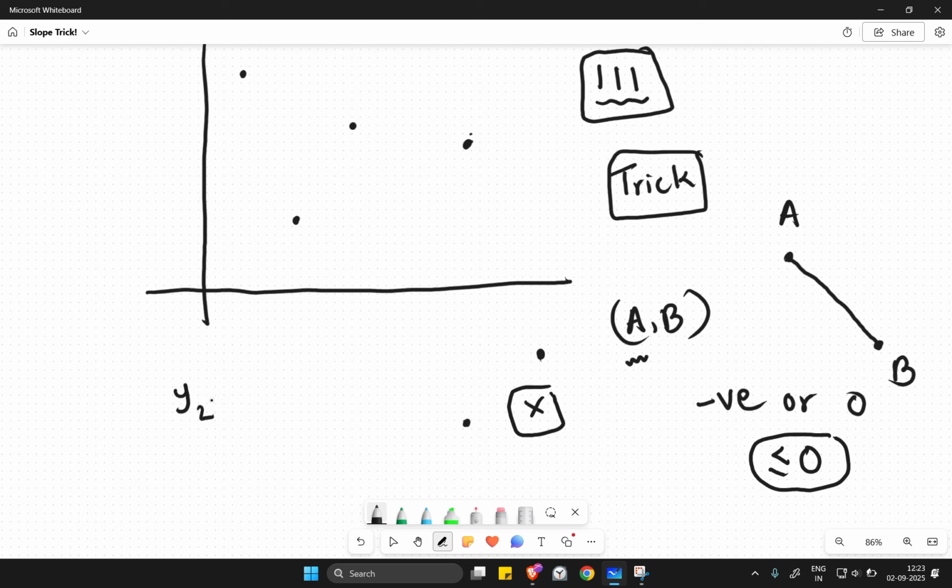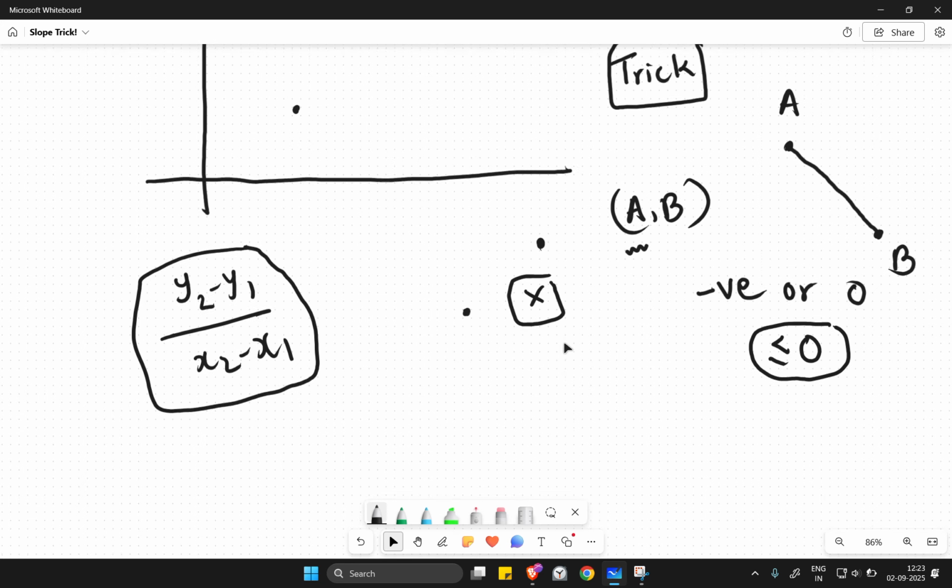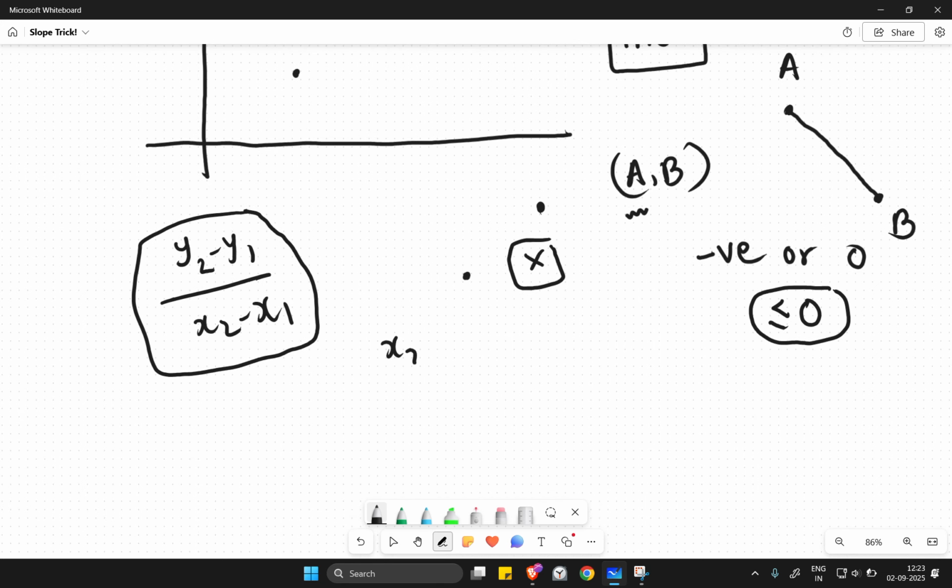So y2 minus y1 by x2 minus x1, this is the slope formula for any line, or basically the segment here. So again you'll ask, then what about x2 is equal to x1? We again have to write more if conditions to validate that, right? So not the case here.